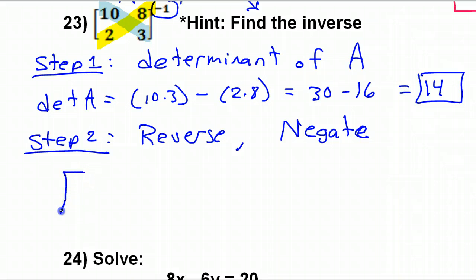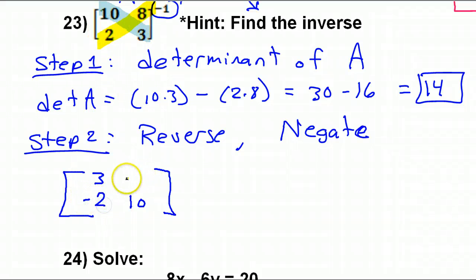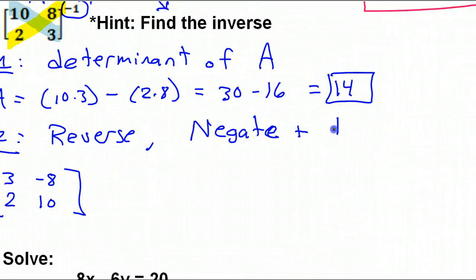So if we do that, reverse the down diagonal, I will have 3 and 10, like that. Now if I negate the up diagonal, I will have negative 2 and negative 8. So we have to reverse negate and divide by the determinant.